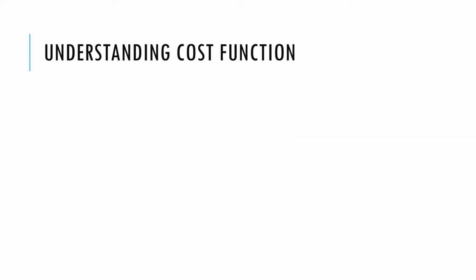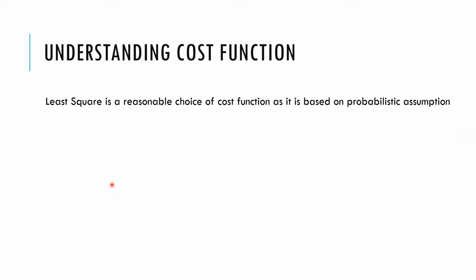So let's understand what a cost function is. Least squares is a reasonable choice of cost function as it is based on a probabilistic assumption. Whenever we are building a linear regression model, there is an assumption, a rule that needs to be followed. Otherwise the linear regression model will not work.